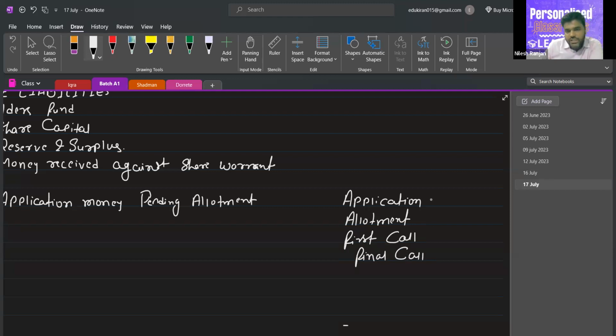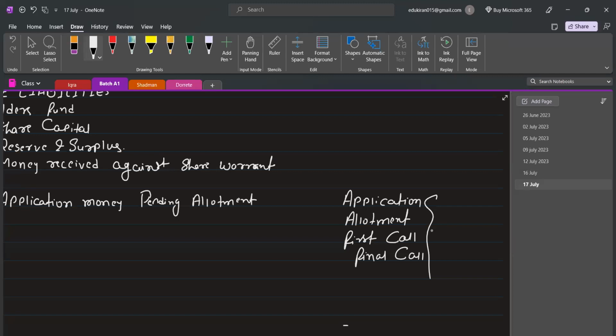Now, a company can receive full money on application itself. A company can demand full money on application and allotment or first call. So the company can decide how many installments there will be. Let's say, in an example, there are four installments asked by the company.